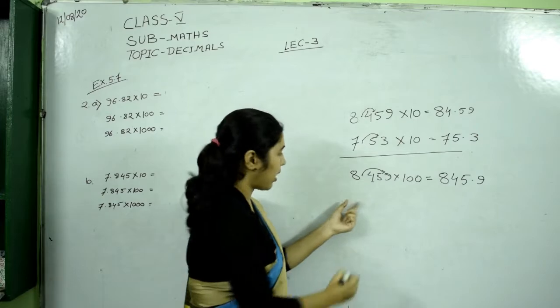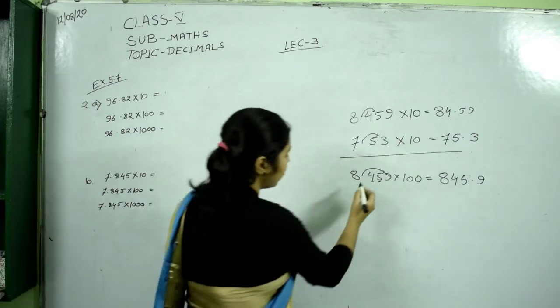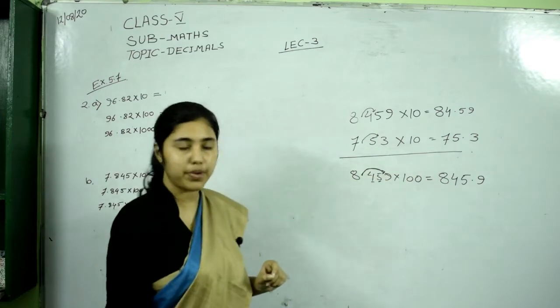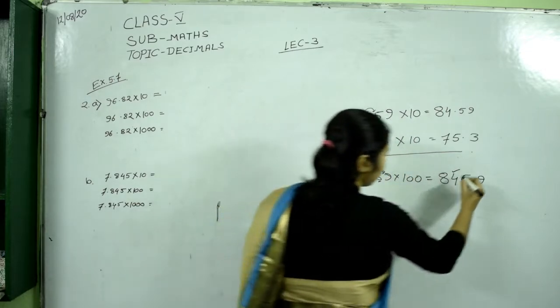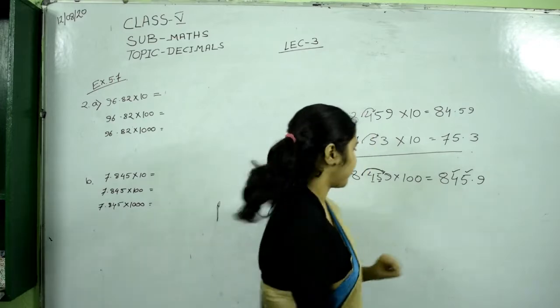10th place and then 100th place. So the decimal point will shift two decimal places to the right.